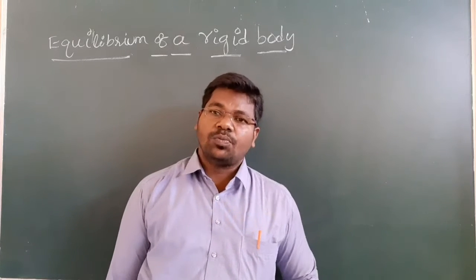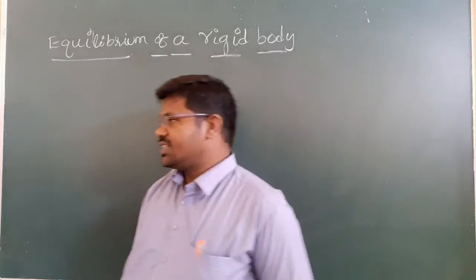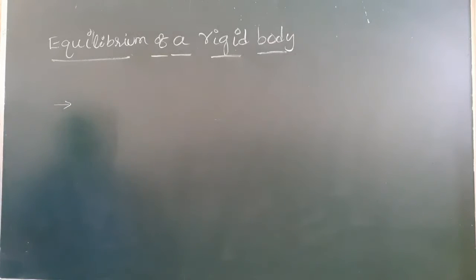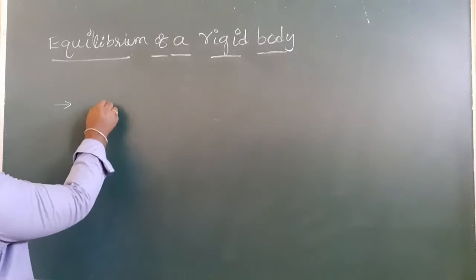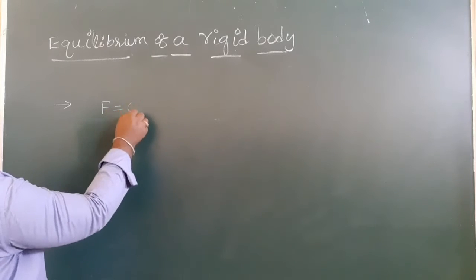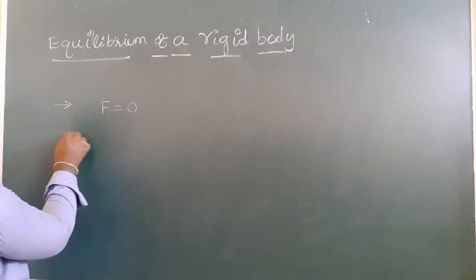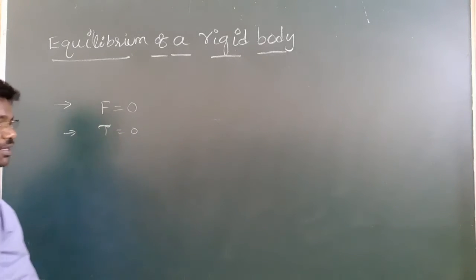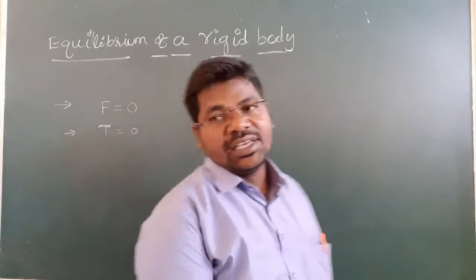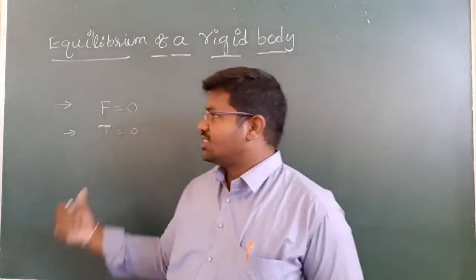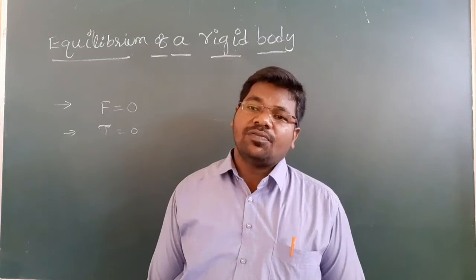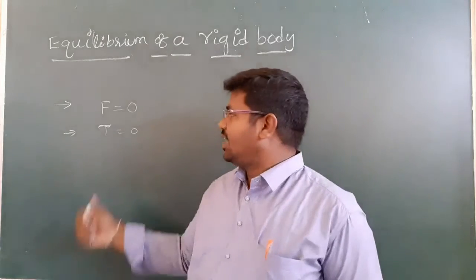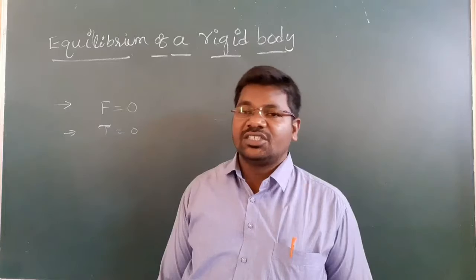Here we can have two points. First, when a body is said to be in equilibrium, it means the total force acting on the body is 0 or the net torque acting on the body is 0. So when a body is in equilibrium in this system of particles, the net force acting on the body is 0 and the net torque acting on the body is 0.